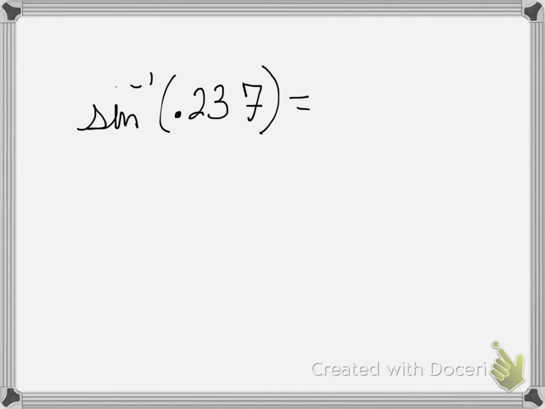You'll see sine raised to the negative 1 power. Enter 0.237 in there, hit enter, and you get 0.239 radians. Right? So it's quite honestly that simple to estimate the value of an inverse trig function.